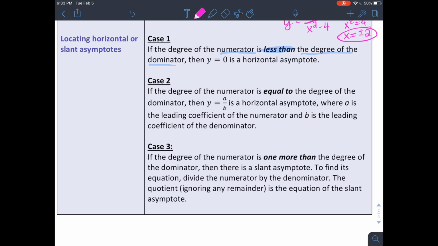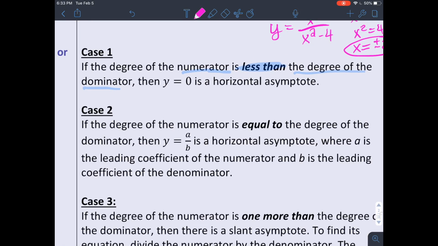In that case, you automatically get y equals 0 as your horizontal asymptote. An example that would meet that requirement is this function right here. The degree of the polynomial on top is 2. The degree of the polynomial on bottom is 3. Since the degree of the numerator is smaller than the denominator, your asymptote is going to be a horizontal line of y equals 0.